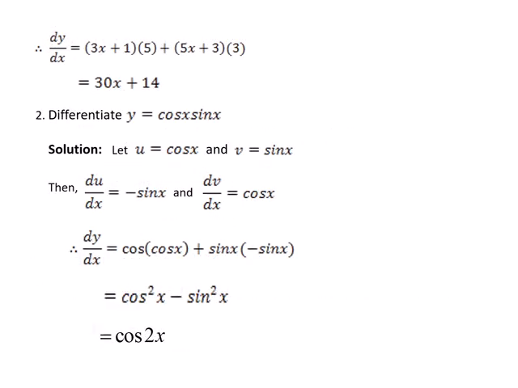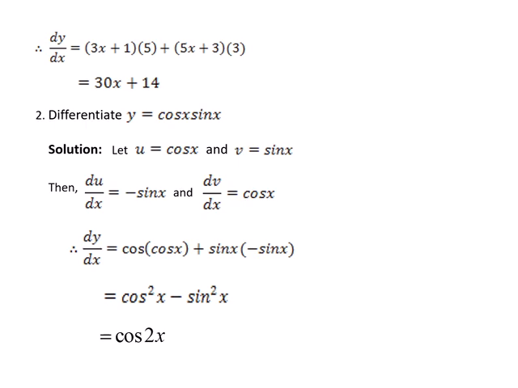Now we want to make use of that formula. Where you see u, you write the value of u. Where you see dv/dx, you substitute the value. Where you see v, you write the value of v, and where you see du/dx, you put the value of du/dx. That is what we did here.